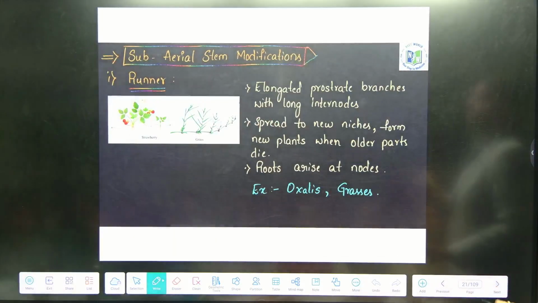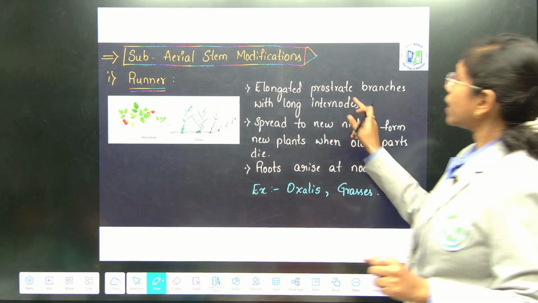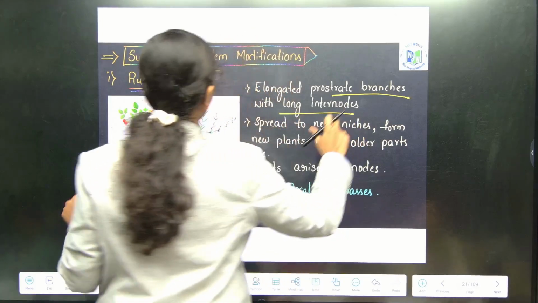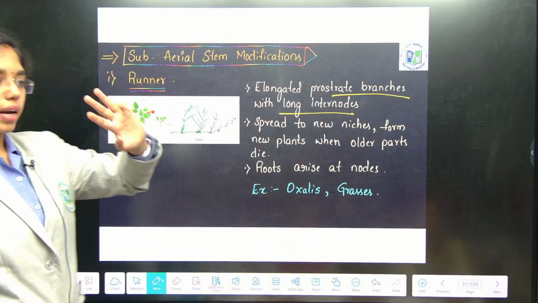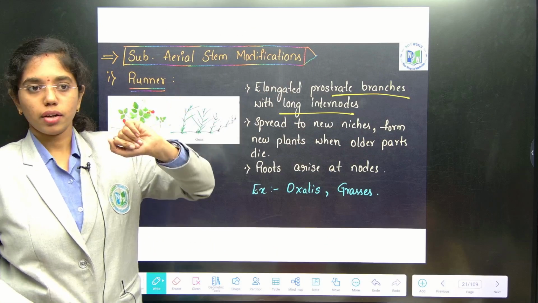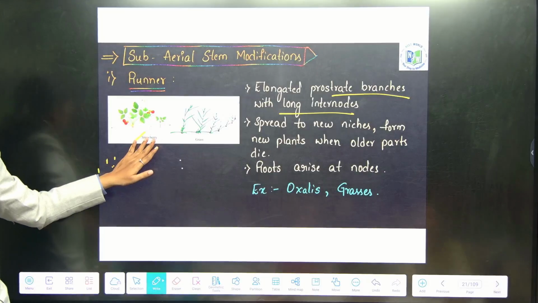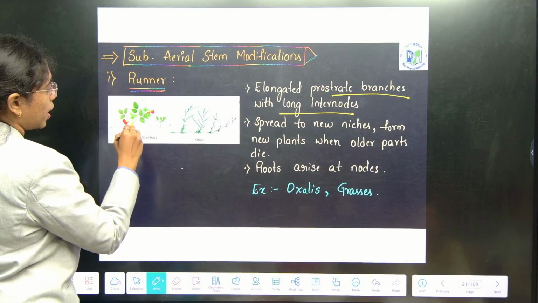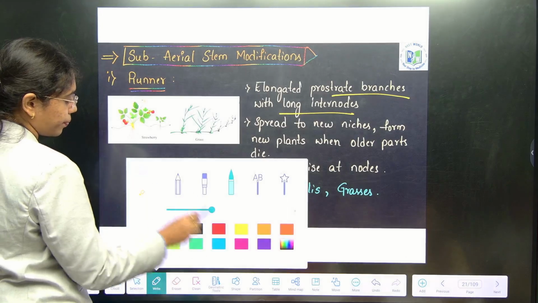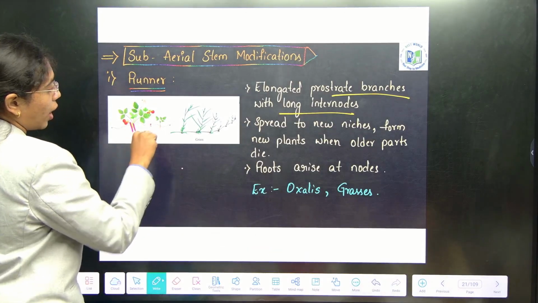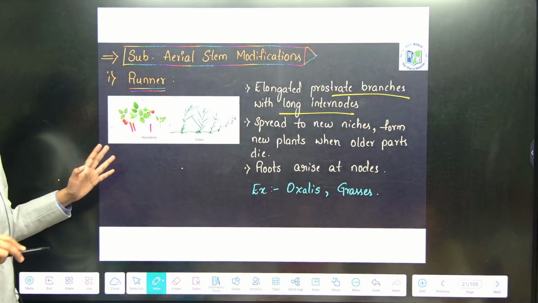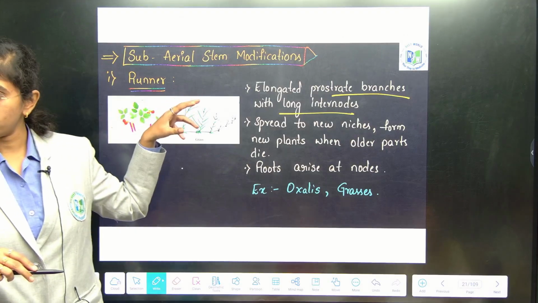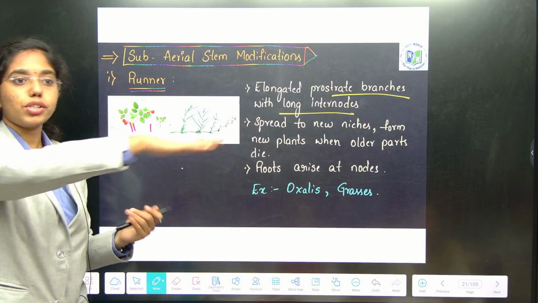Now, subaerial stem modifications. Here you see elongated prostrate branches with long internodes are present. We have runner, stolon, sucker, offset. First runner, one thing you fix it in your mind, longer internodes are present. Such longer internodes are present that they will spread into the new niches, means new regions.